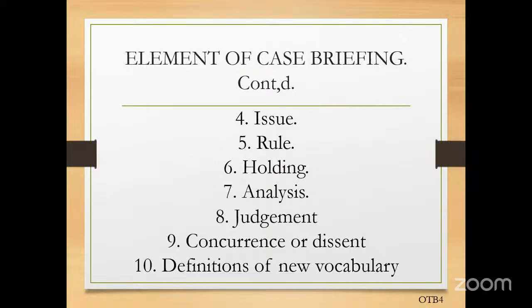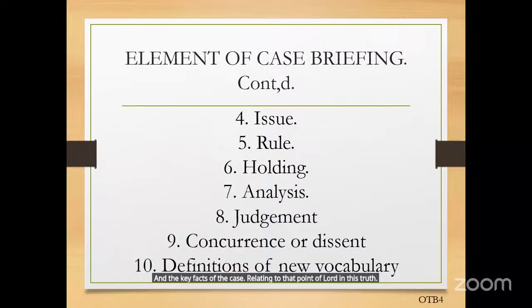These are the two major things that form the substantive issue under the case element number 4, which is the issue. Okay? Substantive issue, which I have said comprises mainly of the point of law in dispute and the key facts of the case relating to that point of law in dispute.